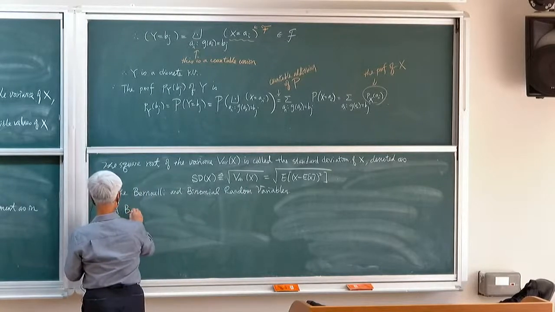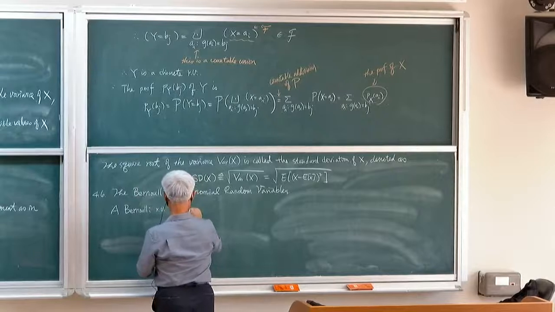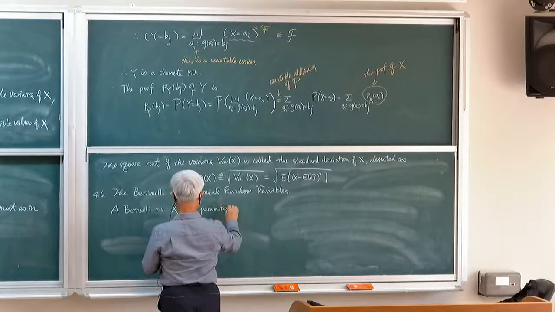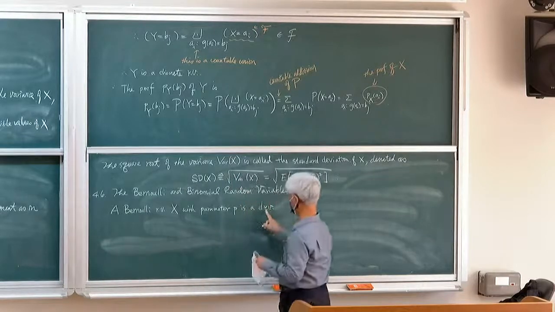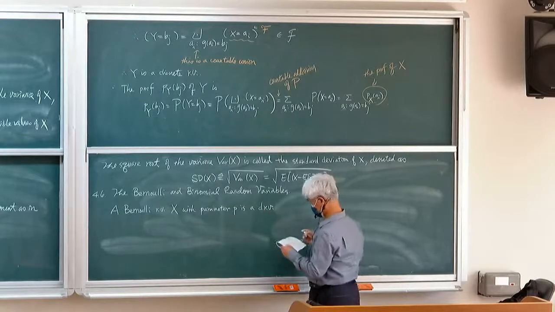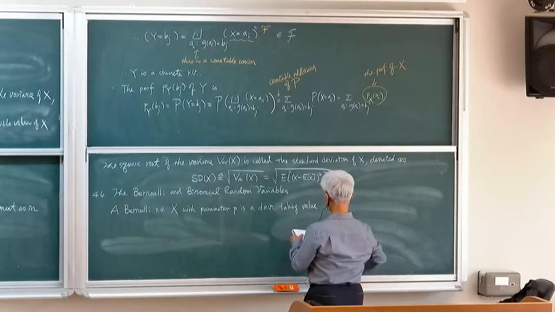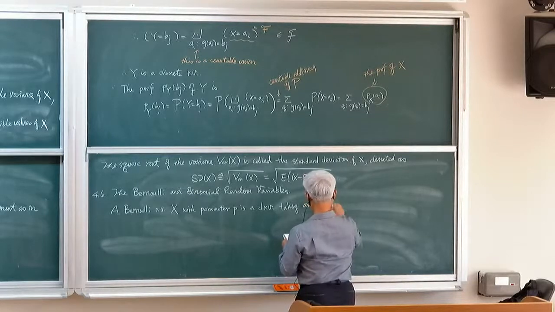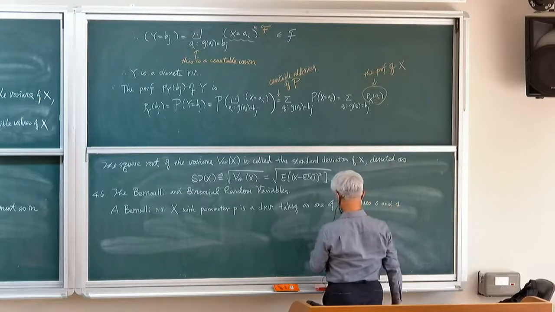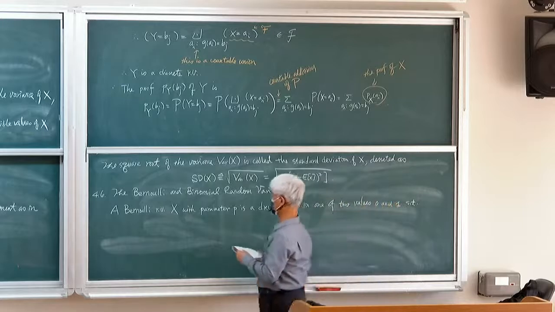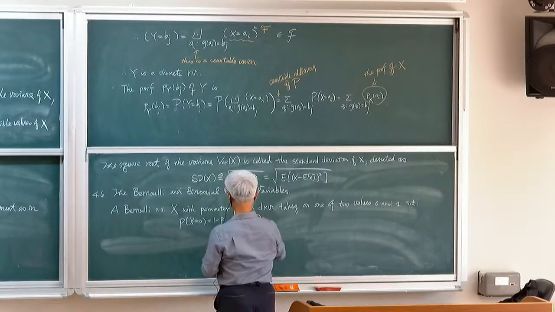Okay, so a Bernoulli random variable x with parameter p is a discrete random variable, which will be abbreviated as d.r.v., taking on one of two values, 0 and 1, such that the probability that x equals 0 is equal to 1 minus p, and the probability that x equals 1 is p.